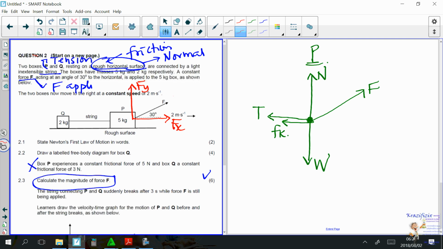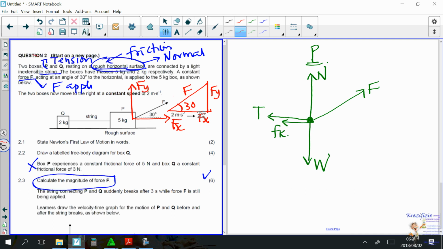Now, do you see that this gives you a right angle triangle? Let me export that triangle here. I'm going to have F, Fx, and this is Fy. Fy, F, and Fx. Angle 30.